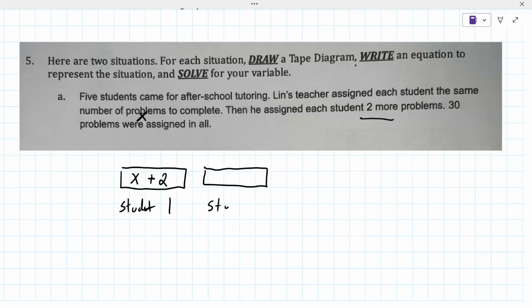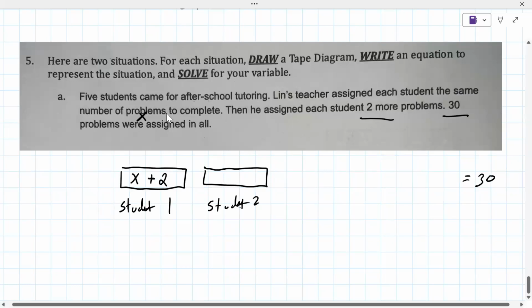Now how about student 2? How many problems did they complete? 30. Well, in total, they got 30. But student 2, it says 5 students came and they completed the same number of problems, but then each did 2 more than that. So let's start with how many problems did student 2 complete before the 2 more?